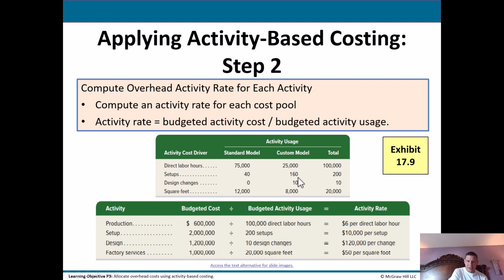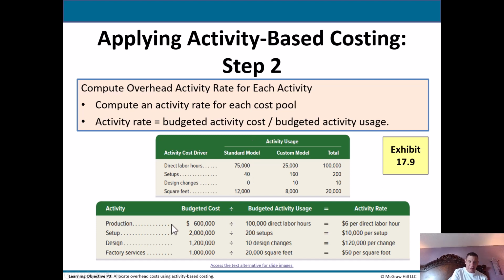For the 200 setups, 160 are going to be used by the custom model, 40 by the standard model. Design changes, there's going to be 10 of those, and they're all going to be used by the custom model. You can see 0 for the standard. And then square footage, 20,000 square feet total, 8,000 allocated to custom, 12,000 to standard.